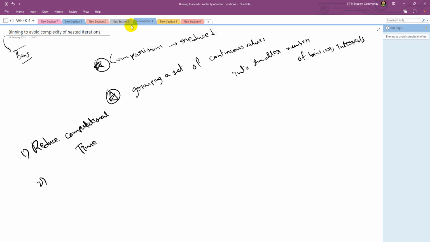This can help the user doing the binning to identify patterns and trends in the data more specifically and more easily.